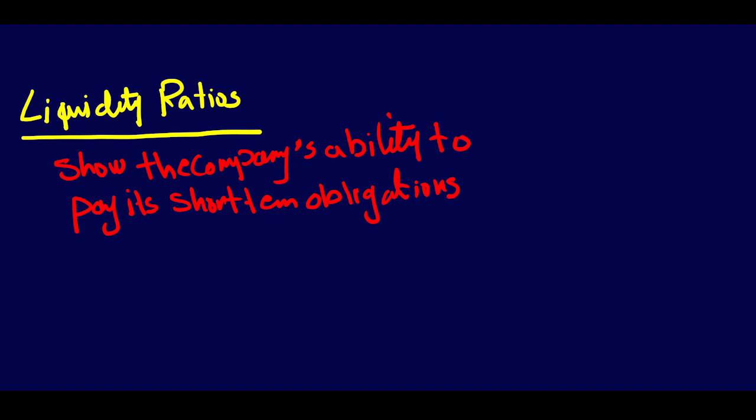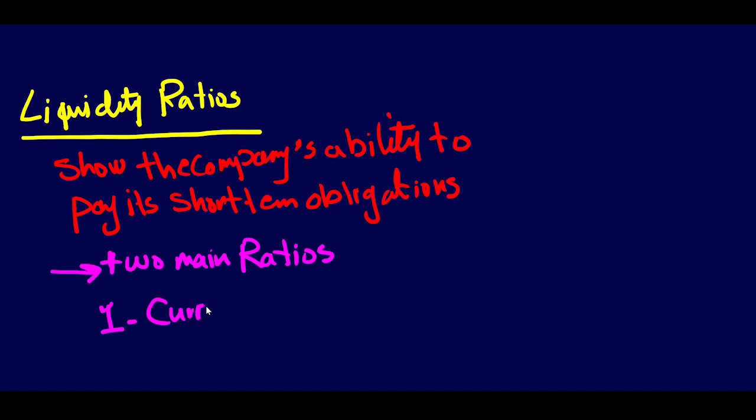In order to analyze liquidity ratio, we have to check two main ratios. Number one, called current ratio. Number two, called quick ratio.